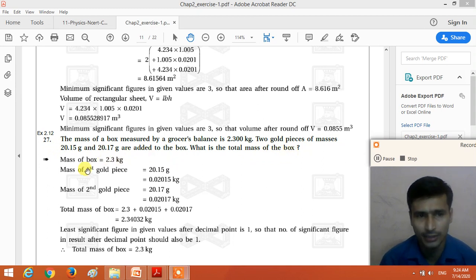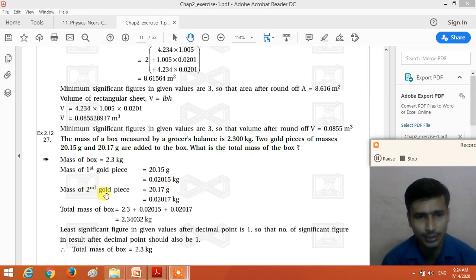So here the mass of the box is 2.3 kg. Mass of the first gold piece is 20.15 gram. So we need to convert this 20.15 gram into kilogram. So 20.15 divided by 1000, we get 0.02015 kg, right?